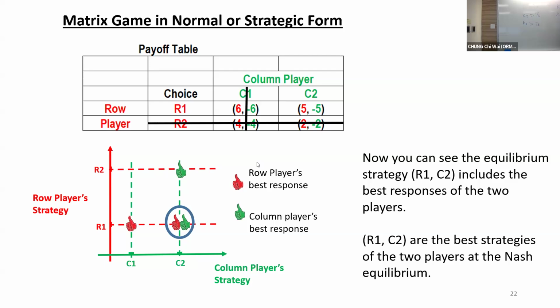In the second example, there is one point which includes the best responses of both players, so it is a Nash equilibrium. Okay. Any question?